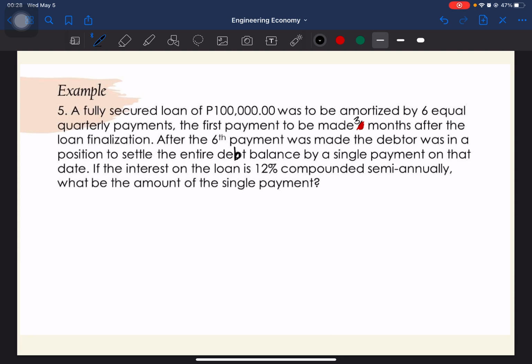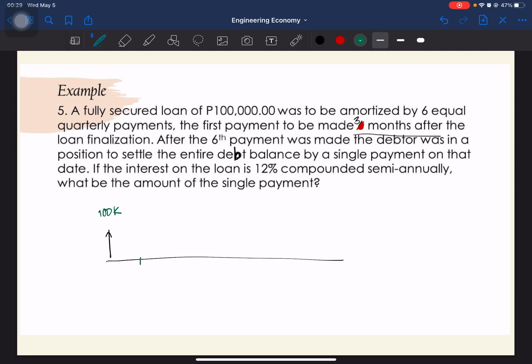Okay, let's analyze the problem. Is this ordinary annuity? Yes, kasi sabi, the first payment will be made 3 months after the loan finalization. Ibig sabihin, let's say nakautang ka ng 100K, and then babayaran mo siya, 'di ba? Sabi for every quarter, 'di ba? Ang payments.